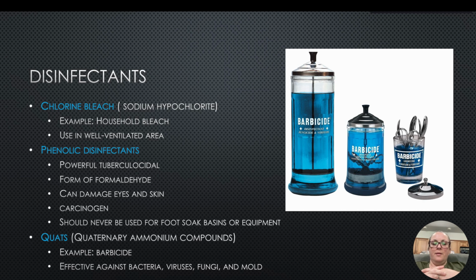Typically, they've got formaldehyde in them. They can damage your eyes and skin and can cause cancer. If you were to use this type of disinfectant, do not use it in a foot soak basin or equipment used for soaking, because you don't want to expose your clients to these really potent and dangerous chemicals. This is why we should just use bleach, or another form of disinfectant.